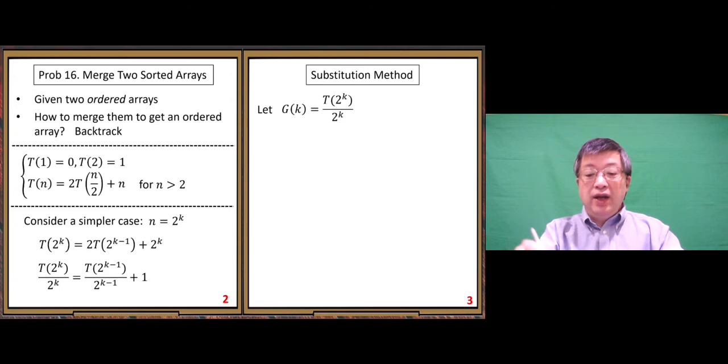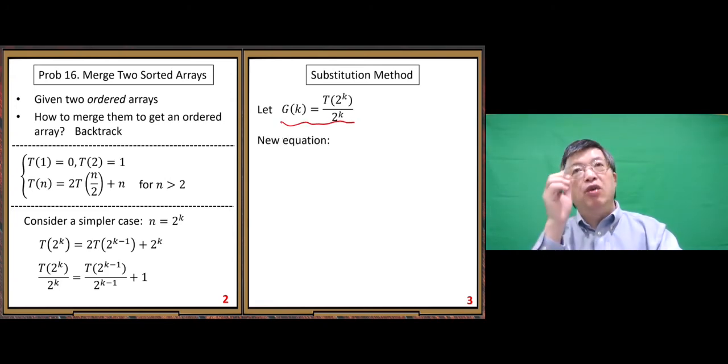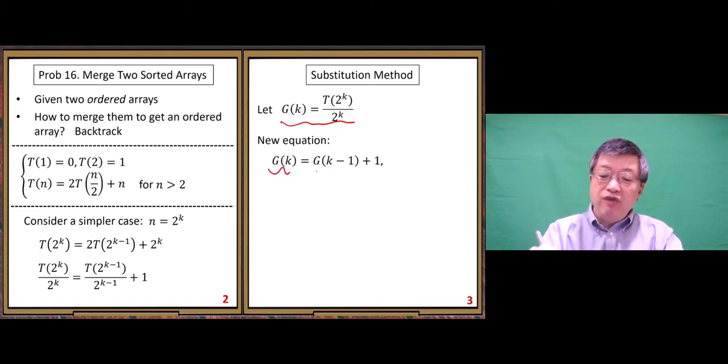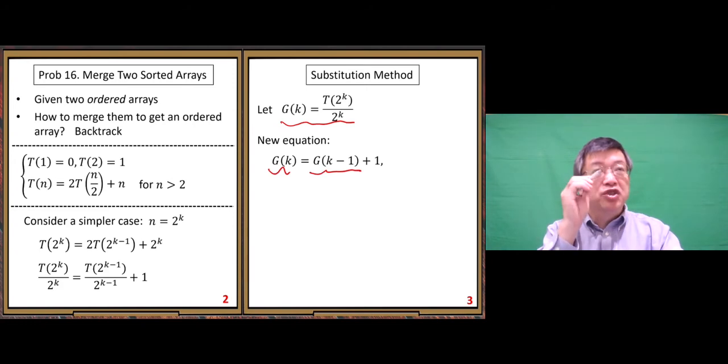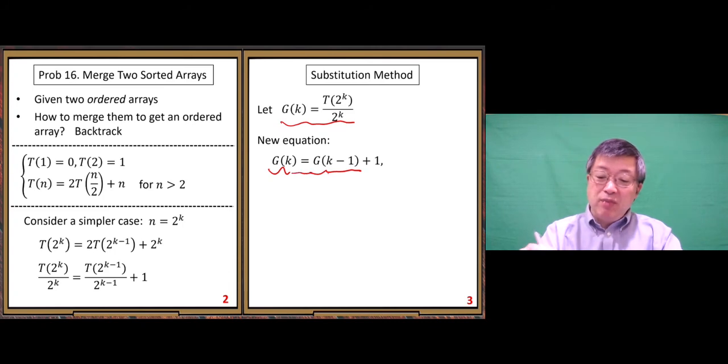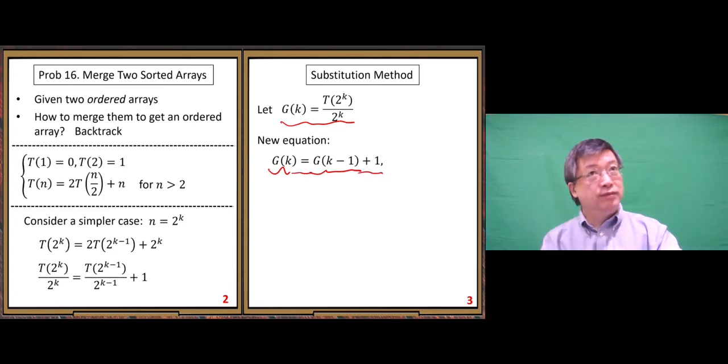With the new function, we simplify the original equation to this: g of k equals g of k minus 1 plus 1. See? Because these two fractions, we can use the g function to represent. Can you see this new function is much simpler than the old one?